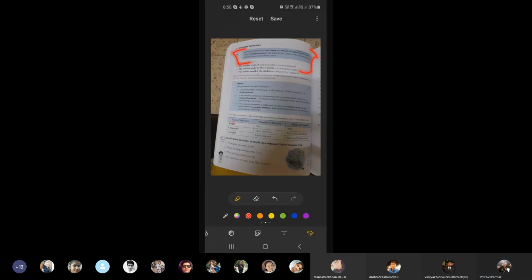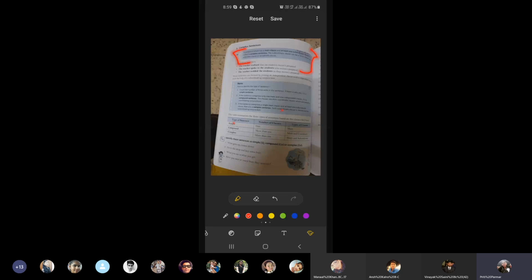Okay, come to the second one: the teacher spoke to the students who weren't prepared. So that, who, as, these are the words which act as subordinate conjunctions to make it a complex sentence. Clear?